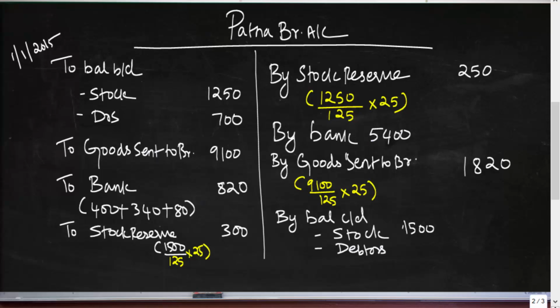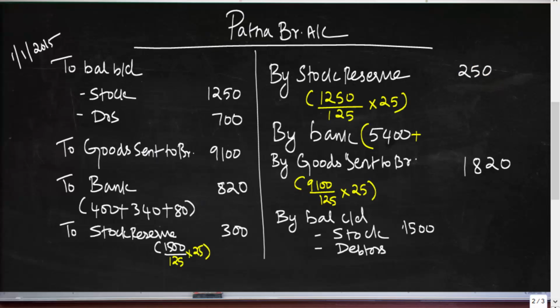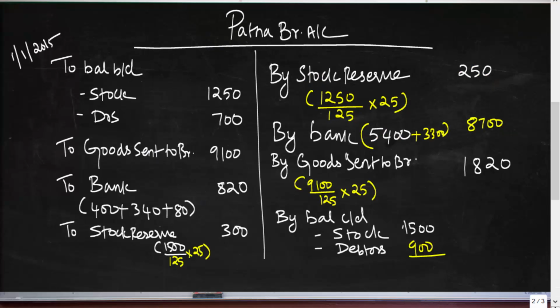So it is 5,400 plus this figure of 3,300. So both put together we get 8,700, right? And what about the closing debtors? Closing debtors, we know it was 900, right? So 1,500 plus closing debtors of 900 gives you 2,400.